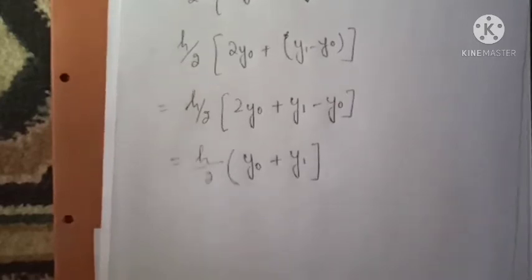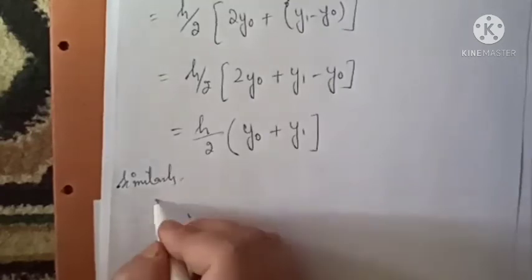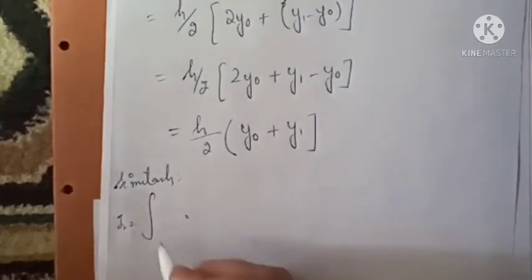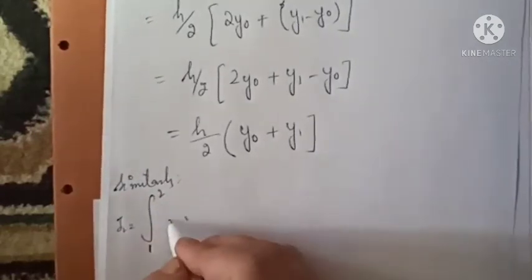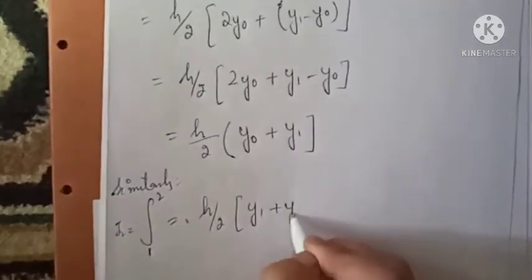Okay. Similarly, if we have to integrate the second integration from 1 to 2, it will be h divided by 2 times (y1 plus y2).